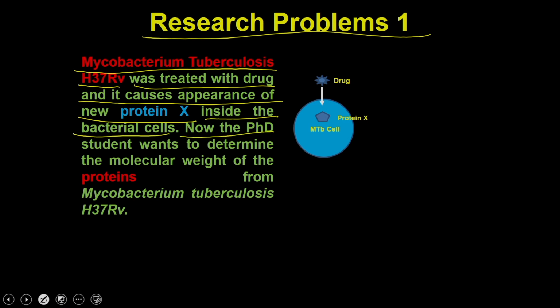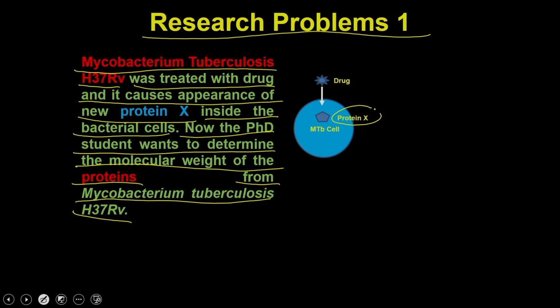Now, the PhD student wants to determine the molecular weight of this protein, which means that you are treating the cell and that is specifically producing the protein X, and the student wants to know the molecular weight of this particular protein.